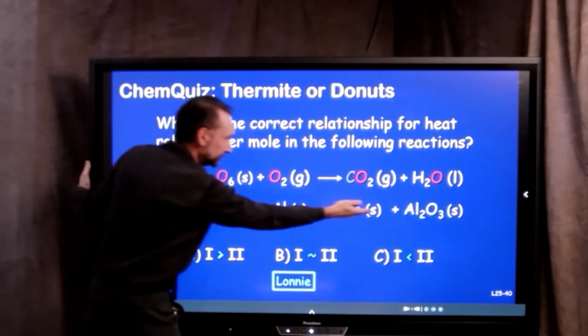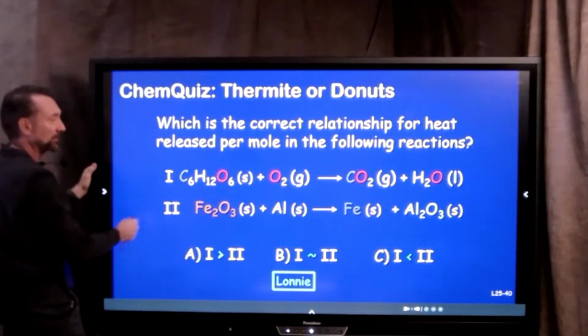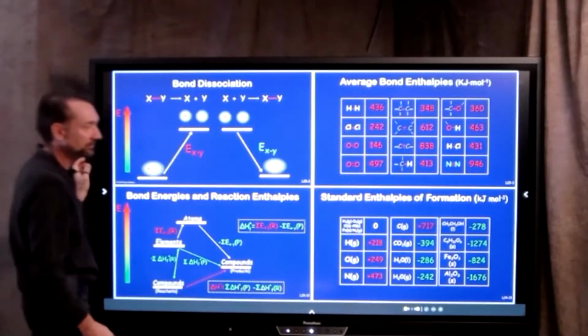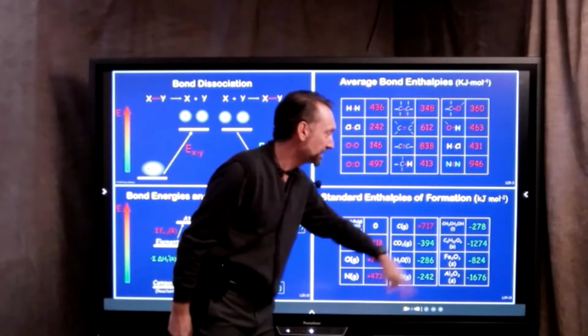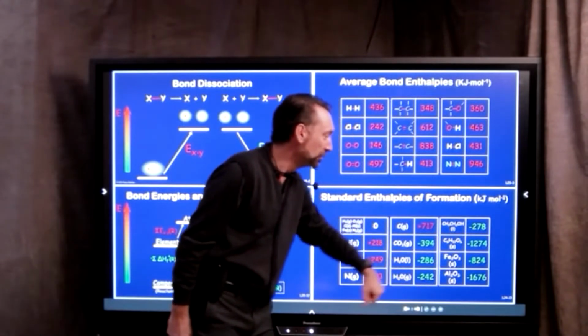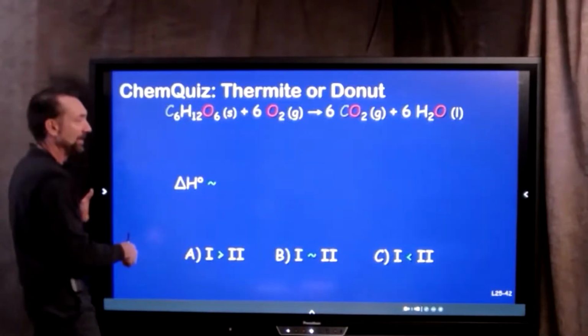This one we can get just by looking at the table, because the formation of iron oxide and the formation of aluminum oxide are both in there.